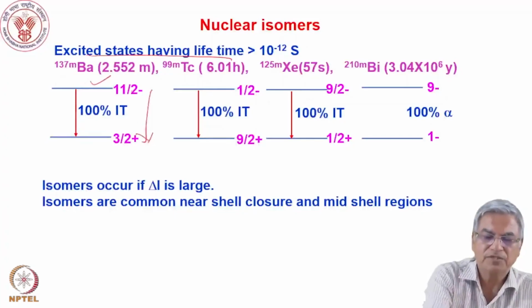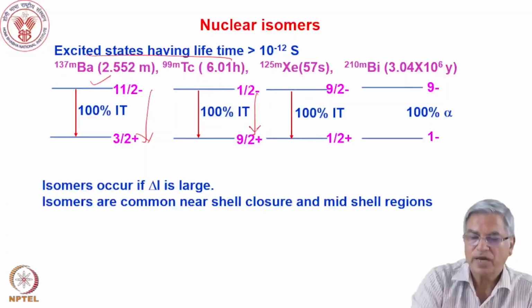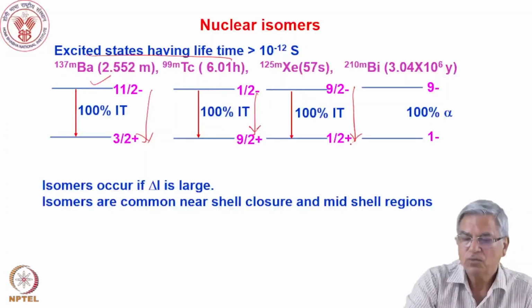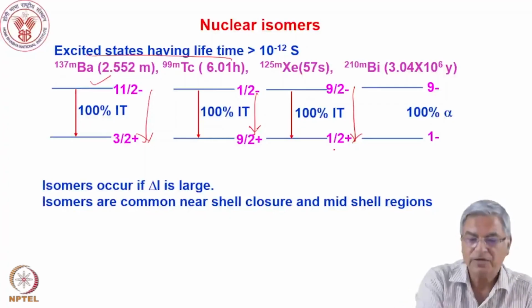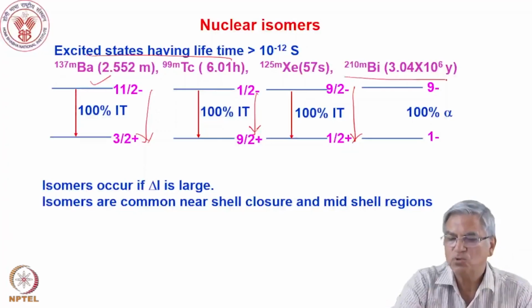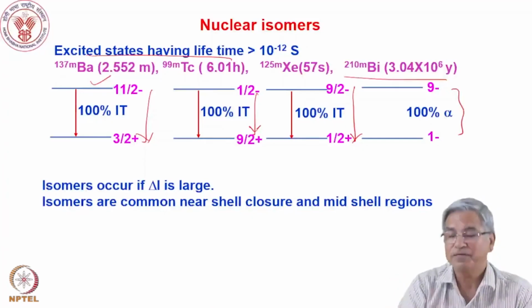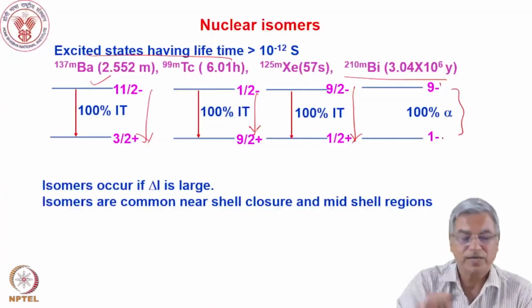You can see large spin differences: technetium 99m, 1/2 minus to 9/2 plus; xenon 125m, 9/2 minus to 1/2 plus. They have gamma decay as well as conversion. But bismuth 210m, for 6 years, has gamma decay totally hindered. It emits alpha decay because there is a large difference, 9 minus to 1 minus.